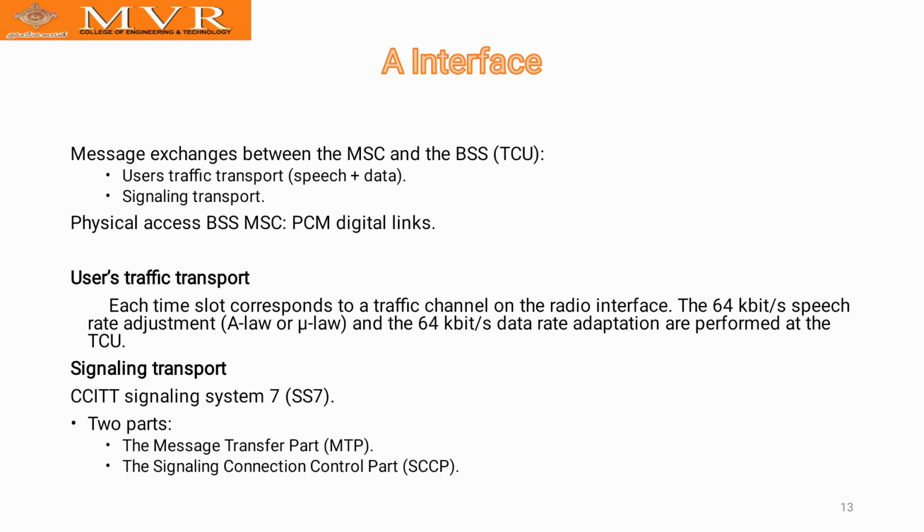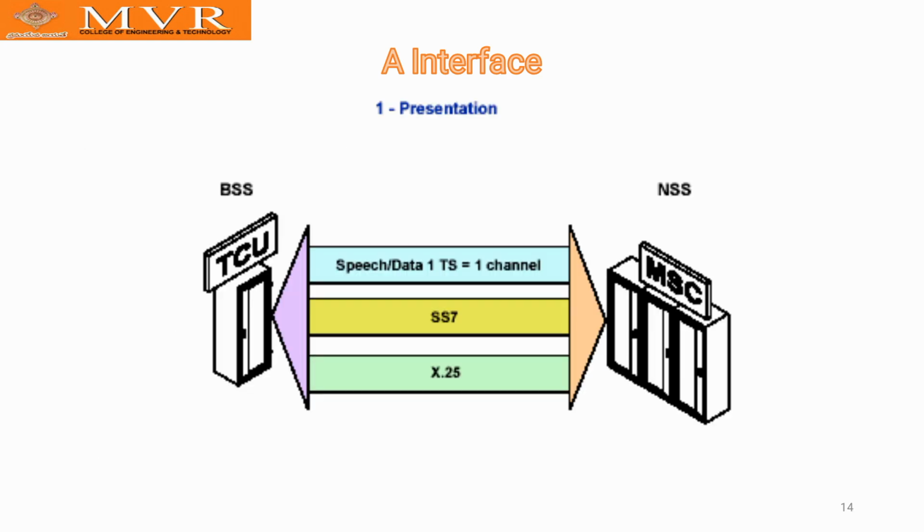The message transfer part is involved in signaling transport using signaling system 7. This is the A interface, which acts between the BSS and MSC.